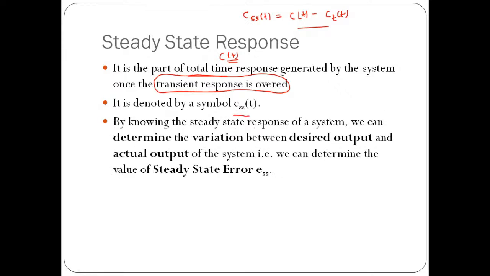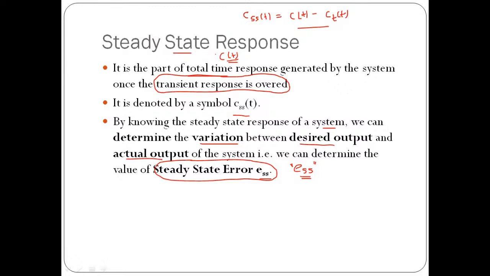And by knowing the steady state response of the system, we are in a position to determine the variation between the desired output and the actual output of the system. The difference between desired output and actual output is known as steady state error. This is very important. That means if you are interested to find out the expression or the value for steady state error for a given system, we need to calculate the steady state response of the system.